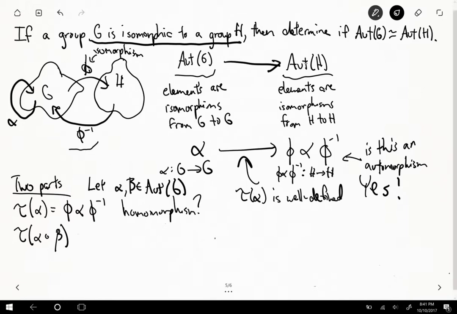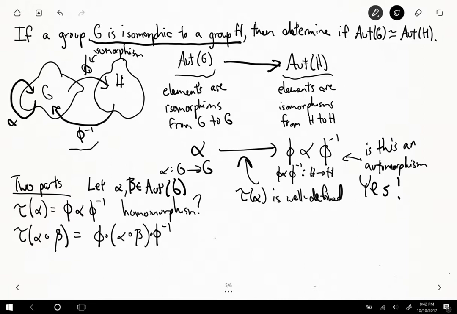Well, that means we go phi composed with alpha composed with beta composed with phi inverse. And we want to show that this equals tau of alpha composed with tau of beta.